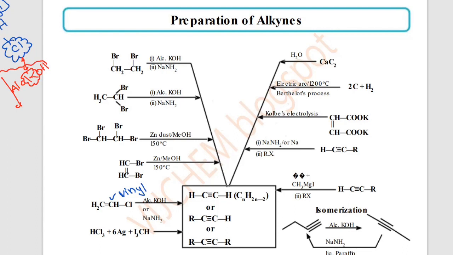So obviously there was already a double bond. Now we are going to get the triple bond, CH triple bond CH. Okay. So this is how we can prepare the alkyne. If only one halogen is there, no problem, but that must be a vinyl halide. So this is about the preparation method.